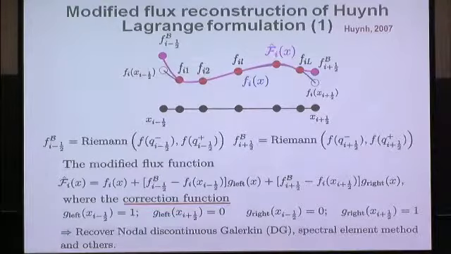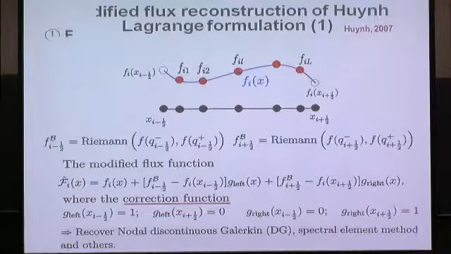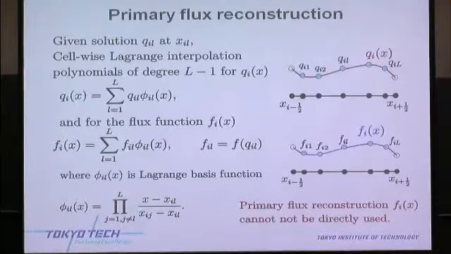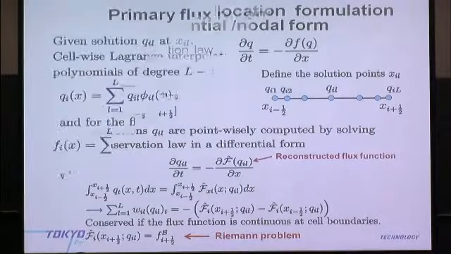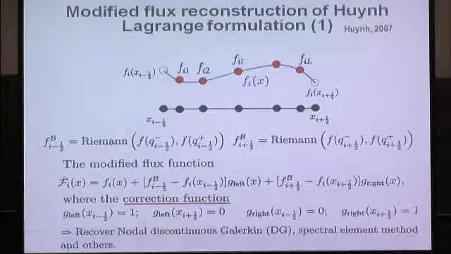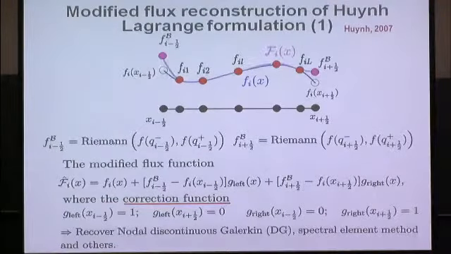Using this one, we can go back to this equation to update this. So this is one option. Here we can see all of the quantities used are point values. This is essentially a Lagrangian type of formulation.